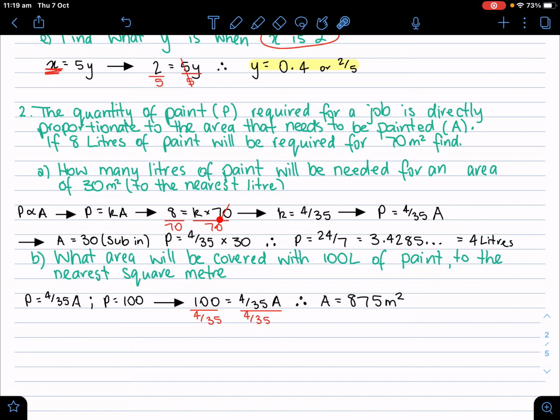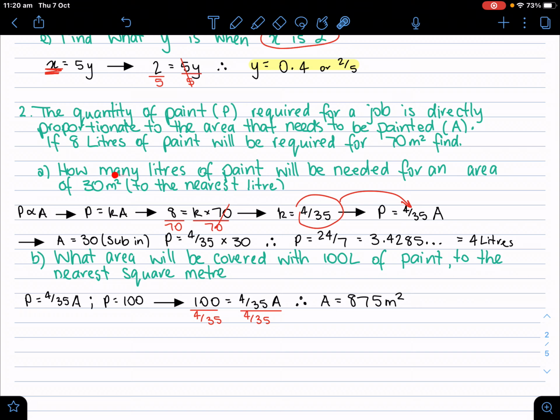The inverse, or opposite of times 70, is divided by 70 on both sides. Now I have K, I can then sub that in to get my universal formula. And my universal formula in this case is P, or liters of paint, equals 4 over 35 times the area that is required.